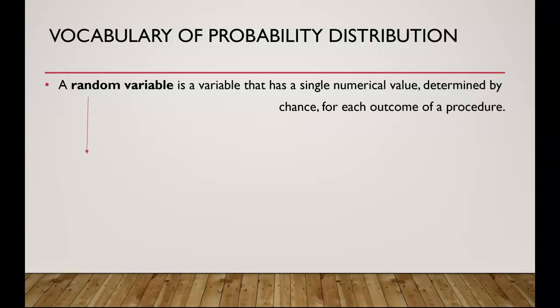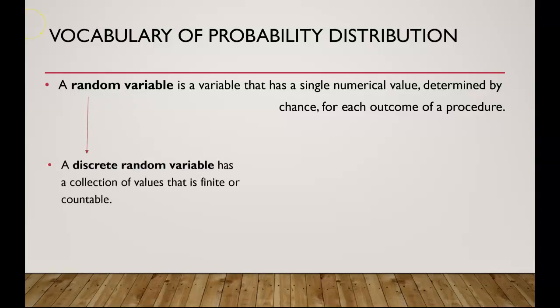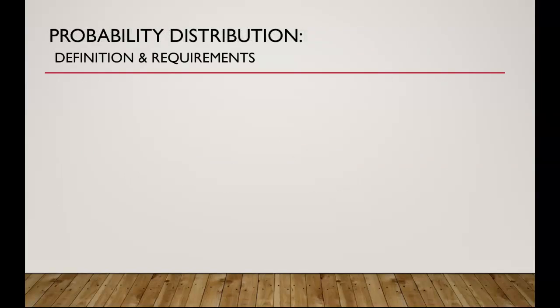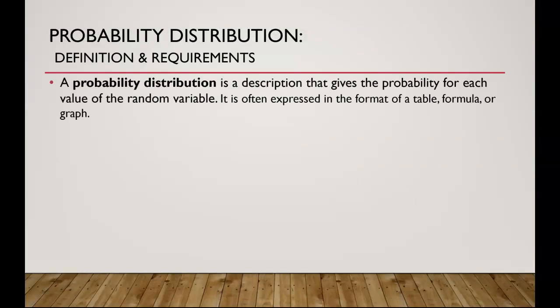In this chapter, we'll focus on discrete random variable, which is a collection of values that is countable. In the next chapters, we will look at continuous random variable that has infinitely many values and the collection of values is not countable.